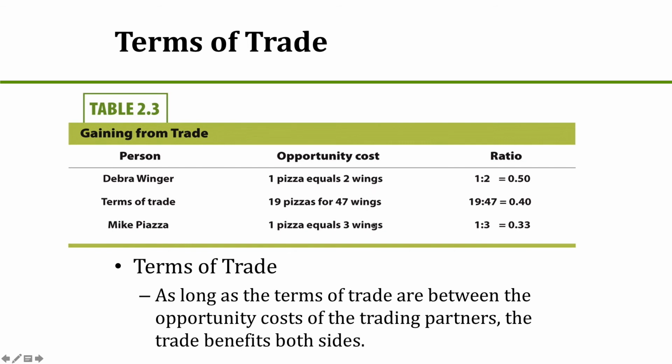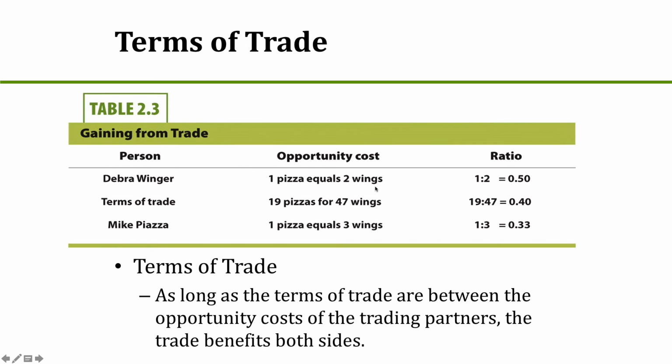As long as you find a value between 2 and 3, not equal to 2, not equal to 3, you will have a gain from trade for both parties. Deborah will be better off, Mike will be better off as well. So this ratio, instead of using the numbers 2 and 3, is doing the calculation from the other way around.